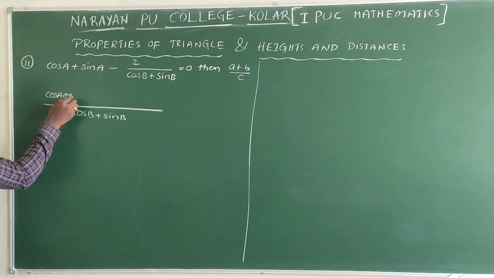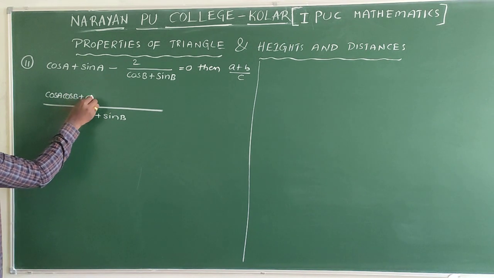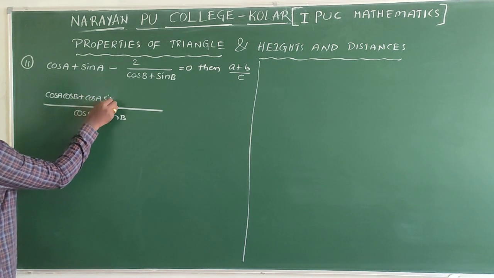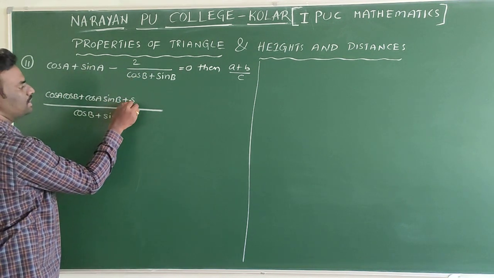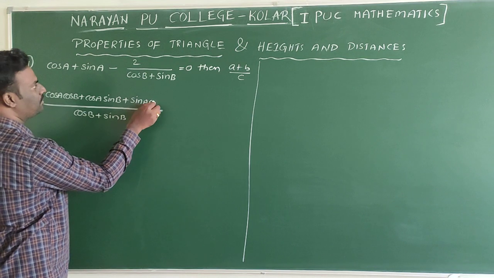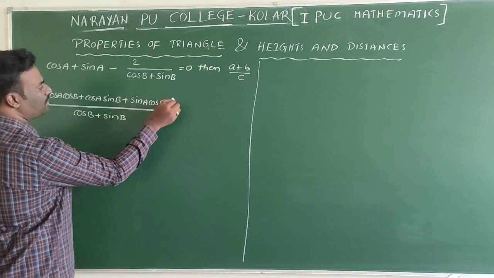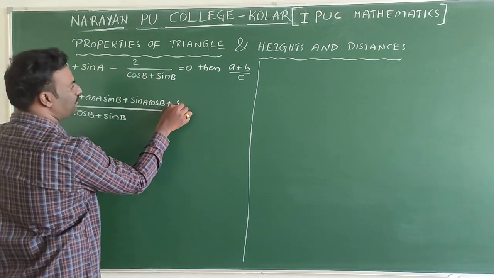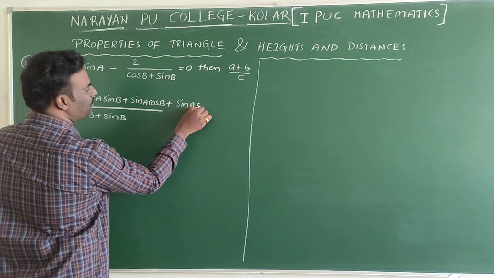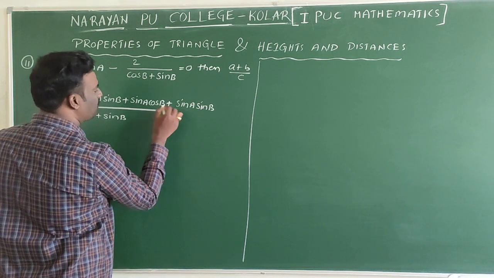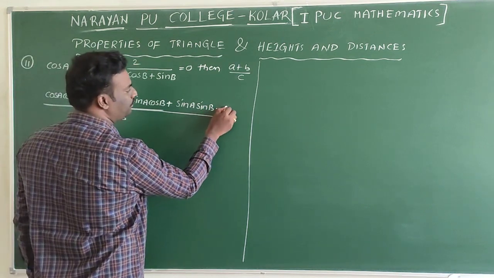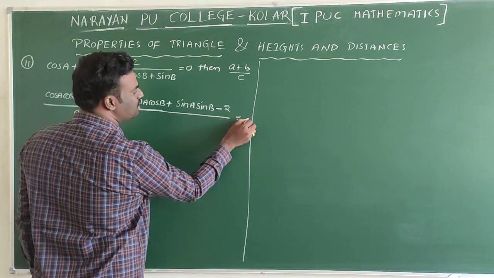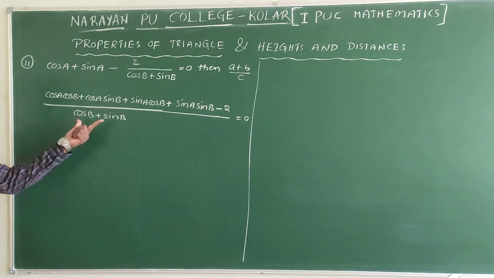Cos A cos B plus cos A sin B plus sin A cos B plus sin A sin B. Minus 2 is equal to 0. If you cross multiply these two, this value becomes 0.